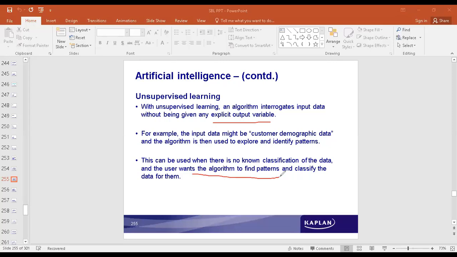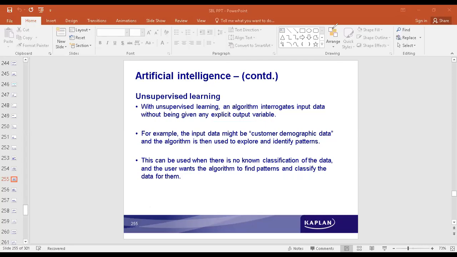There is no explicit output variable, but the AI itself will try to interrogate the input variables and then come out with the output in terms of the pattern of the data, attributes of the data, the trend of the data, and the variables within the data, how they are correlated, connected, associated. So the user wants the algorithm to find patterns and classify the data for them. That's called unsupervised learning.